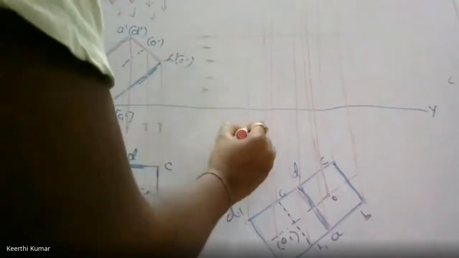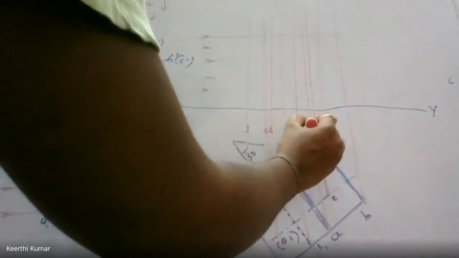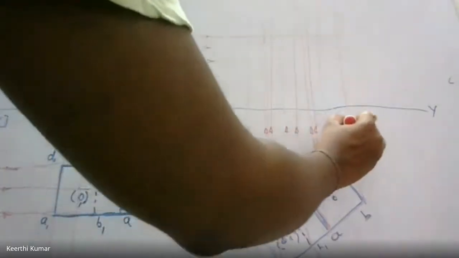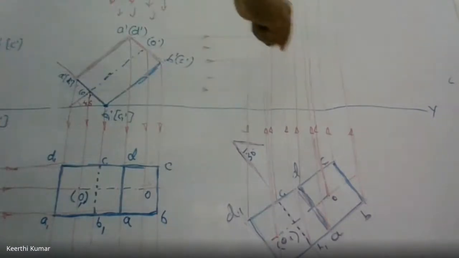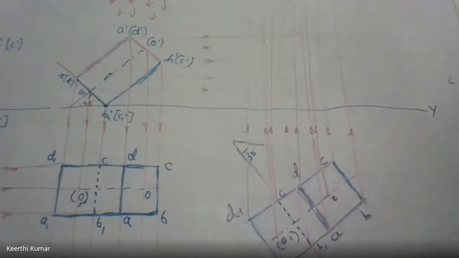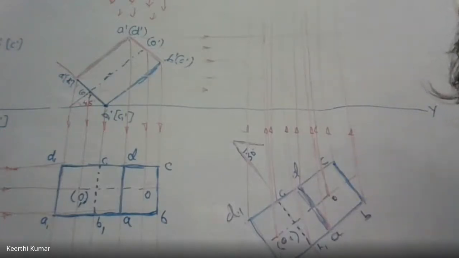I am using red color where you cannot see properly, but just follow the instruction. Draw the vertical and horizontal projection. You got so many points here, you'll get a bundle of lines. No need to worry. Whatever the number of lines, you follow the procedure, you'll get the solution.